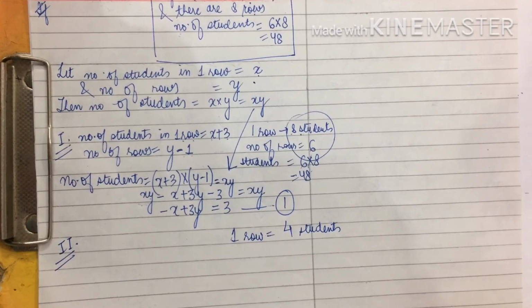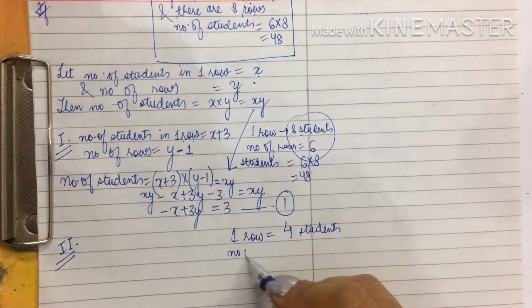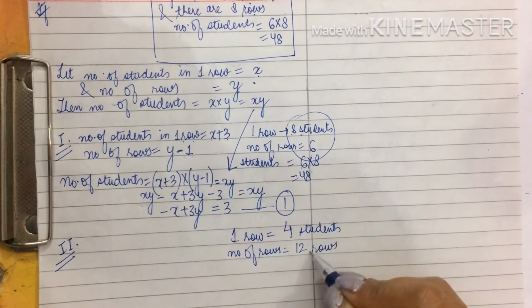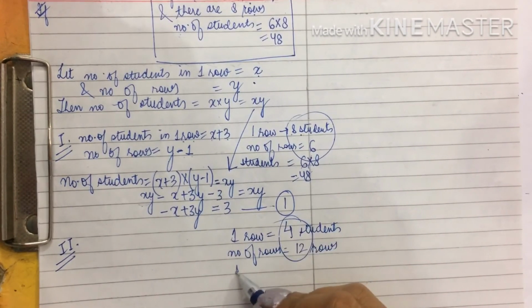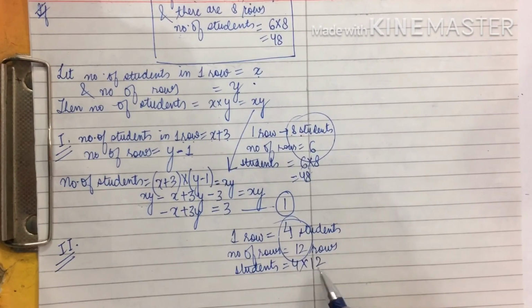Earlier there were 6 students in one line. Now I have decreased the number of students. To arrange 48 students, how many rows would I need? I would need 12 rows. 12 lines, and in every line there are 4 students. So the number of students is 48. This is what is happening in the second case.